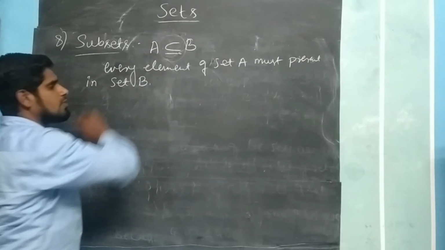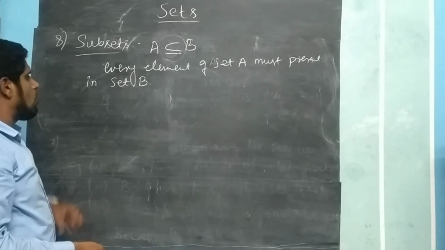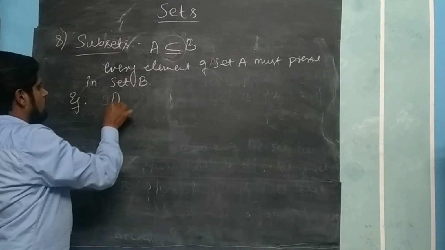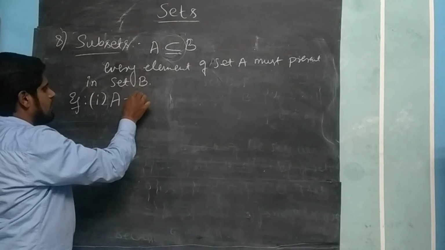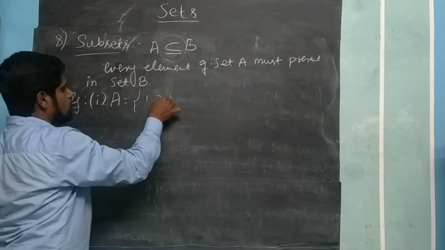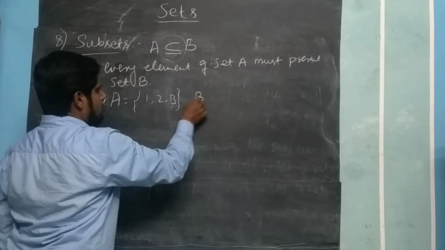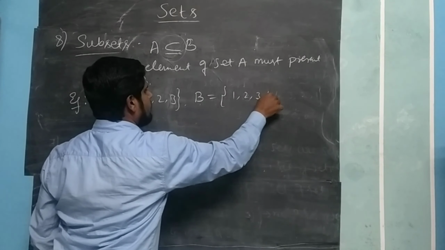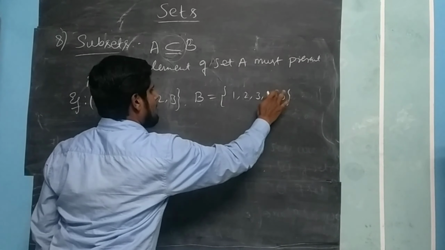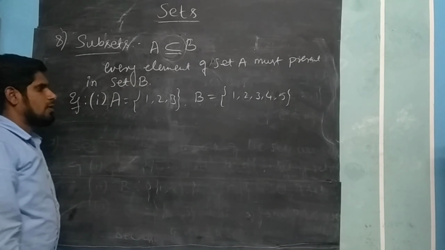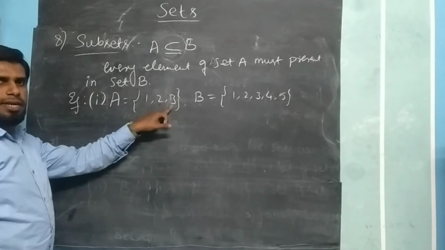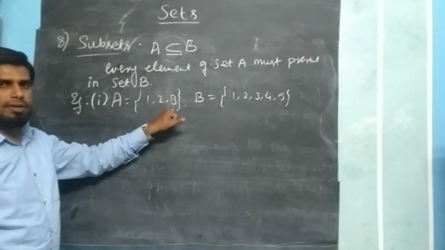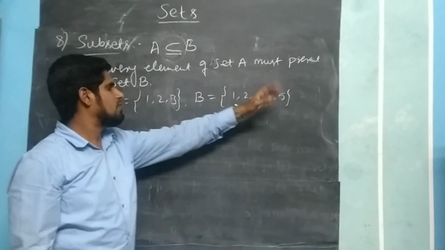So how can it be? Example. First example, if A is a set with elements 1, 2, 3, and B is the set 1, 2, 3, 4, 5. See, every element of set A is present in set B.